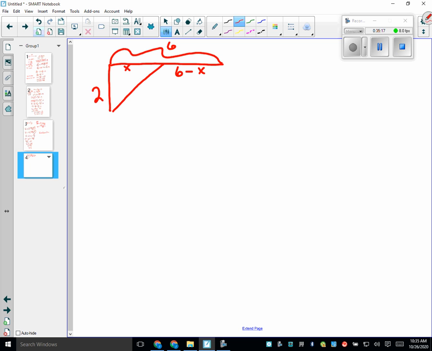I need this length, and that is a right triangle, so I'm going to use the Pythagorean theorem. So is 2 squared plus x squared equal to y squared? So y equals the square root of 4 plus x squared, right?